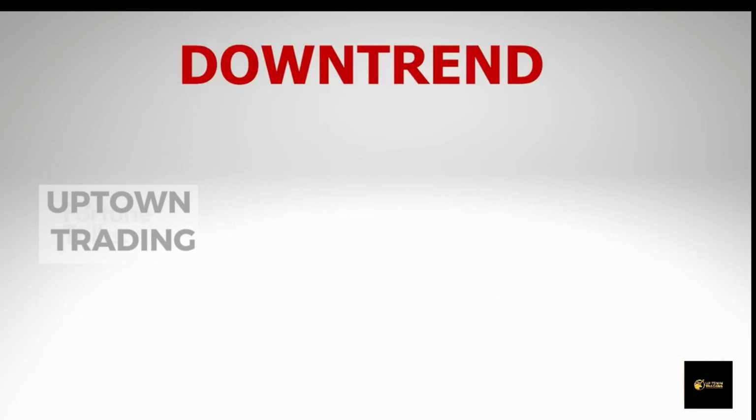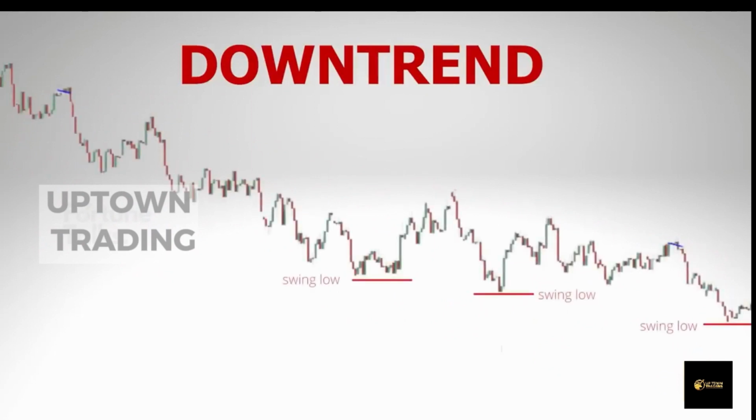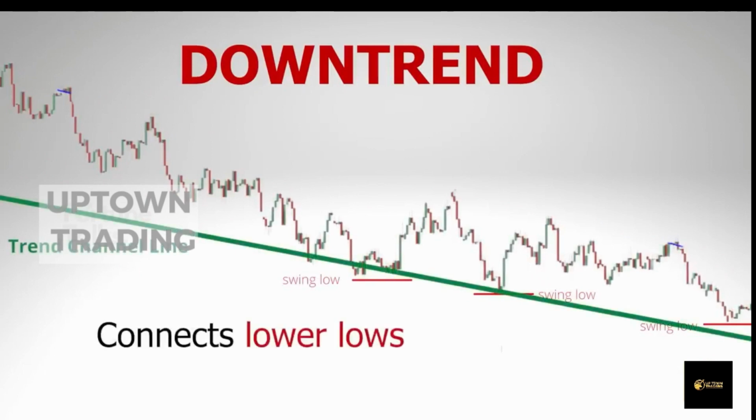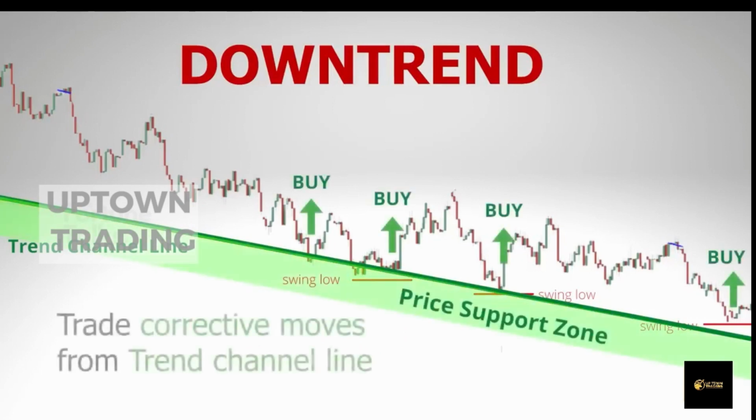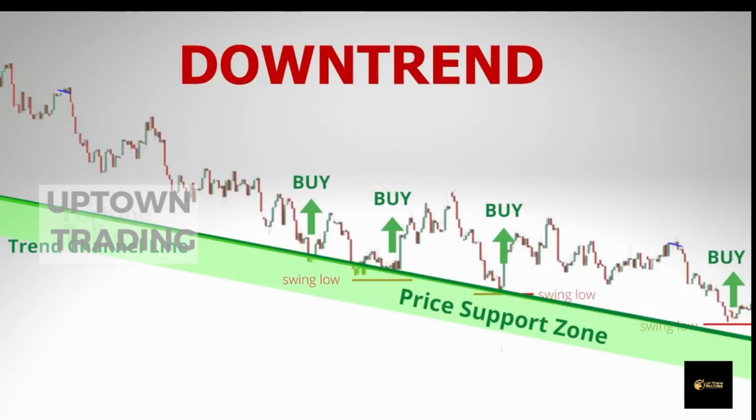As in the previous case, if we plot the lower lows and then draw a line connecting all these lower lows, we will get a trend channel line which will act as a support for the future prices. And it is from this trend channel line that we can place buy orders to trade the corrective move.